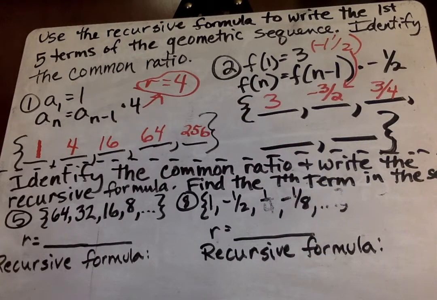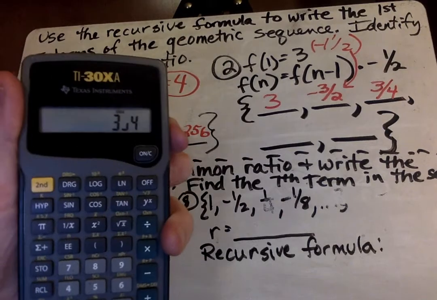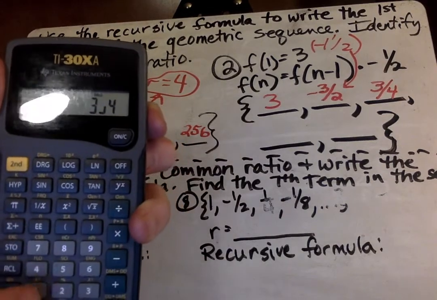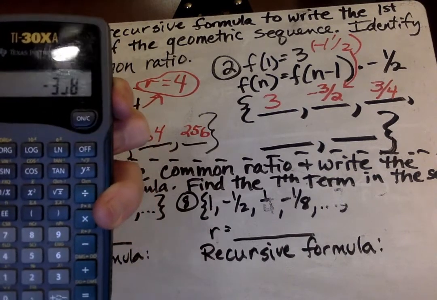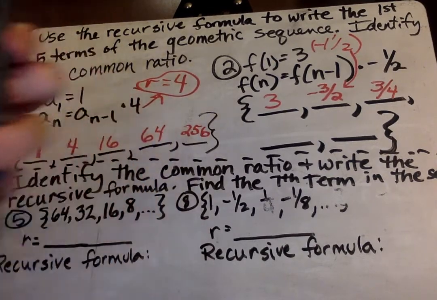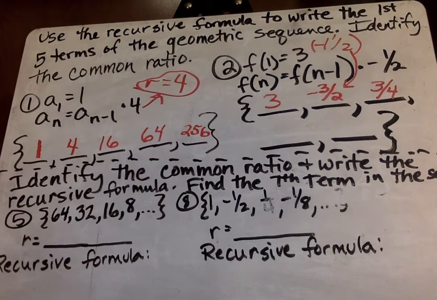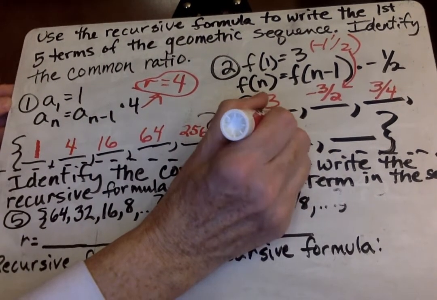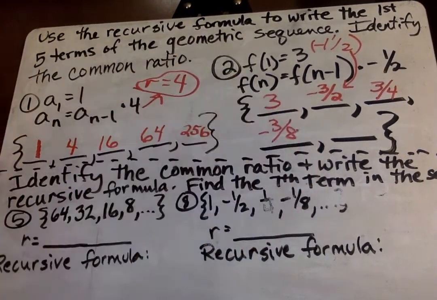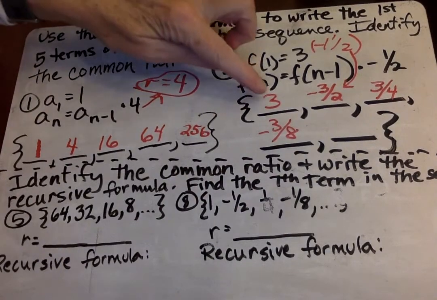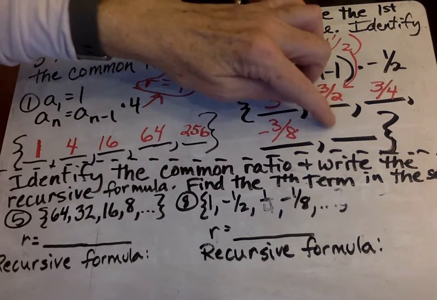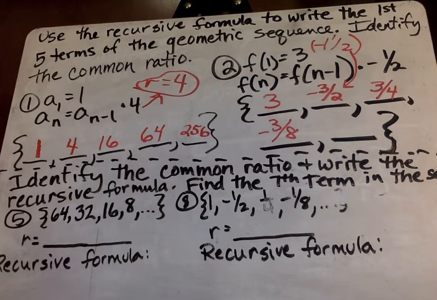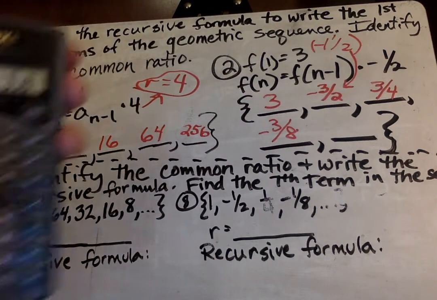And then for our next term, I left it in there, and I'm going to go times 1 ABC2 negative equals negative 3/8. And I write that in there. Notice that when you multiply by a negative number, the first one's positive, then negative, positive, negative. What do you think this last one's going to be? Let's see.